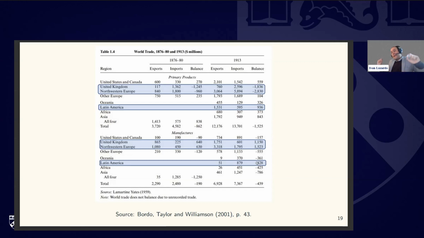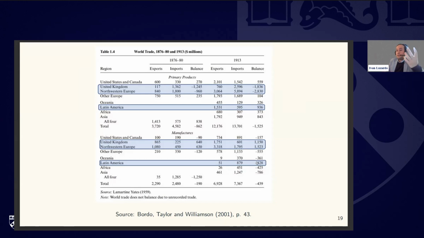Not because they have no industrial sector, it's because that industrial sector is not well consolidated yet. So we will see in a minute that already in the late 19th century the secondary sector, or the manufacturing sector, accounted for a substantial share of the industrial composition, but that industry couldn't compete at international level.